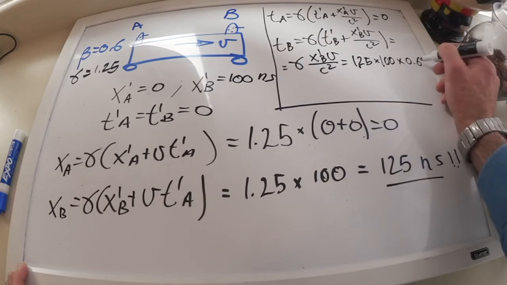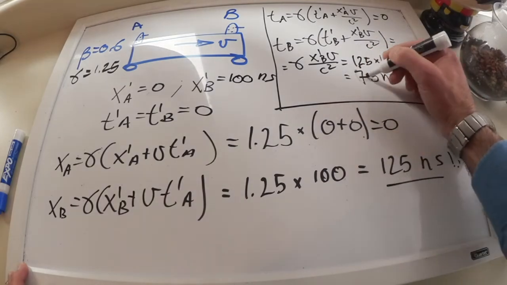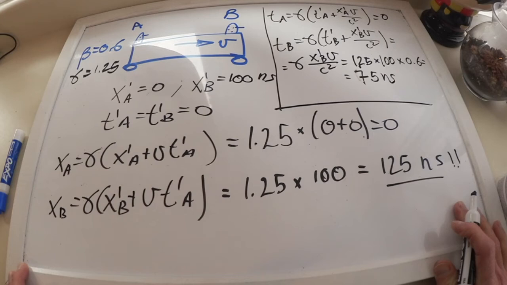This is 75 nanoseconds. Remember here that beta is v over c, and I am using units of distance as x over c. So both shots are separated in time by 75 nanoseconds, as seen from the tunnel.